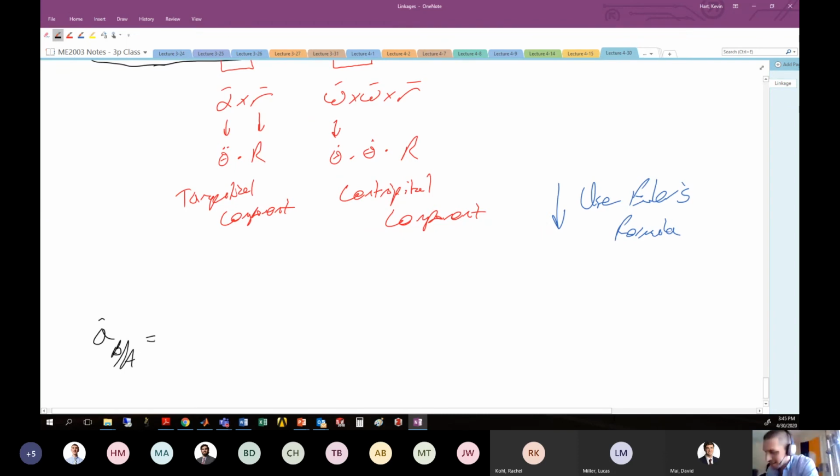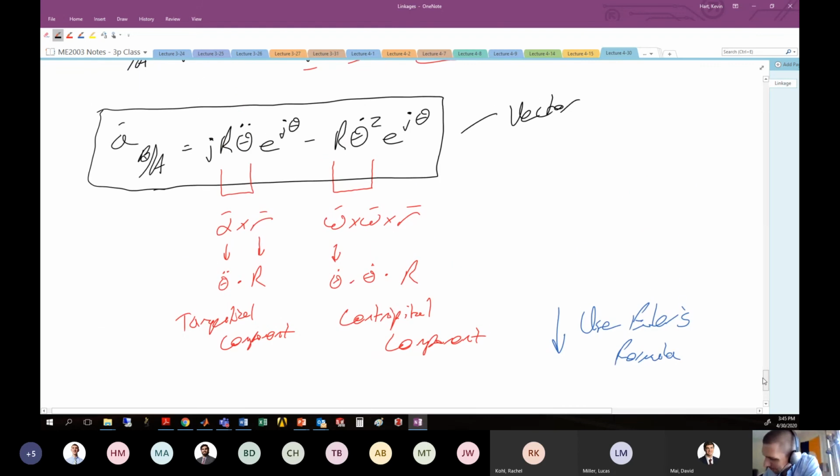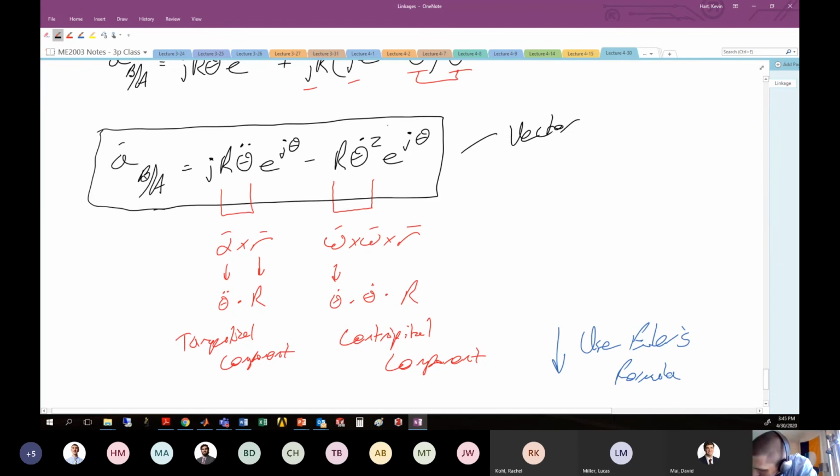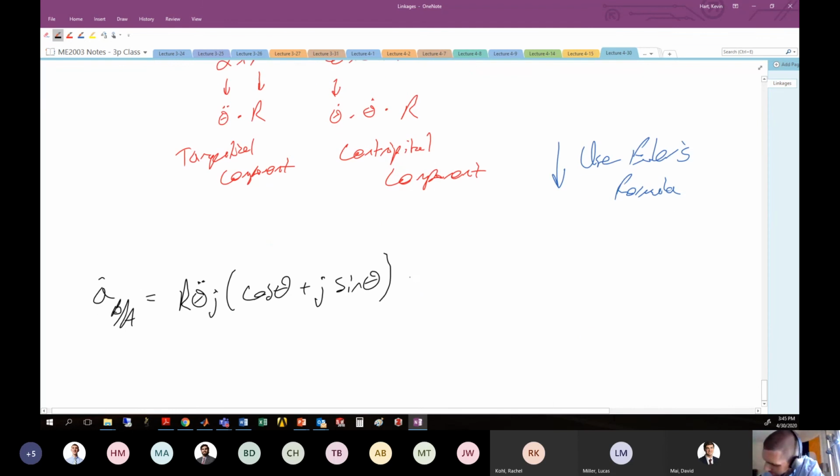Let's plug in Euler's formula. Away we go. R theta double dot times J, that will remain, times cosine theta plus J sine theta. Now here I am over here. This guy will also retain minus R theta dot squared times cosine theta plus J sine theta.